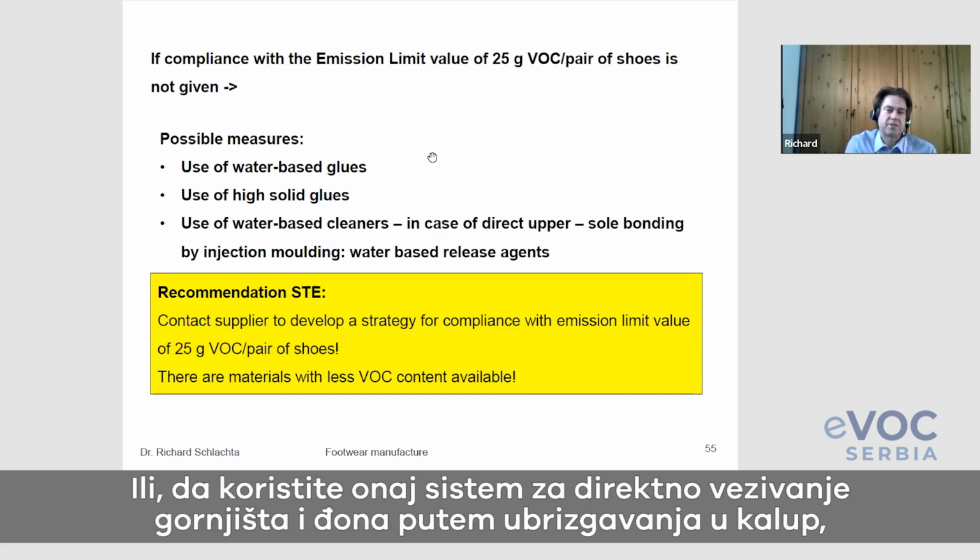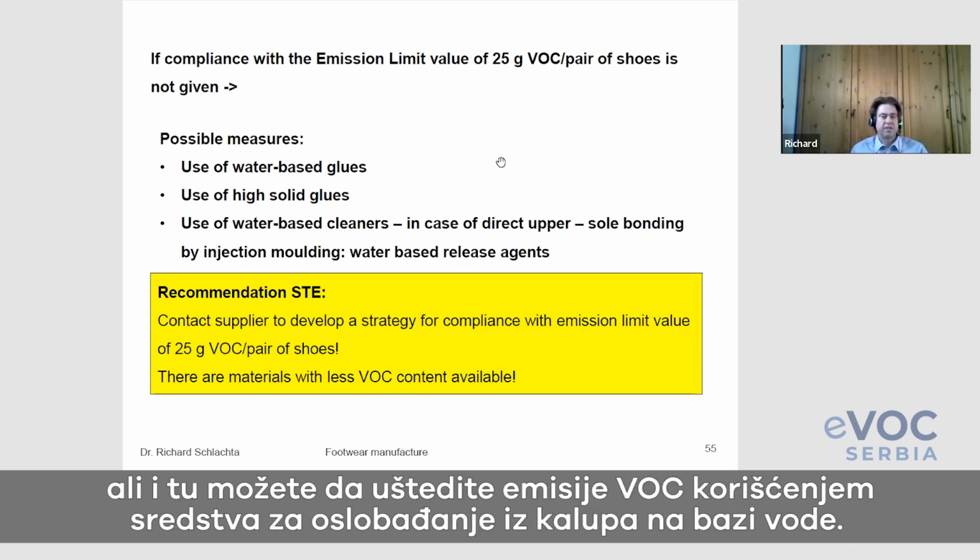That would be the best. Or if it's possible for you to use that direct upper and sole bonding system by injection molding. Here, even there, you can save VOC emissions by using water-based release agents.